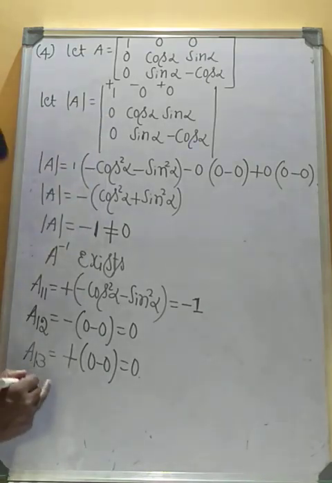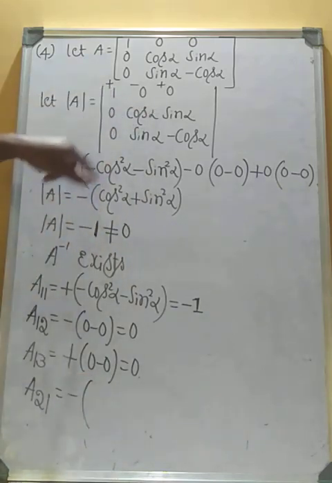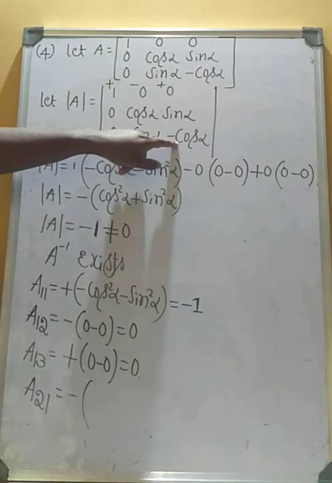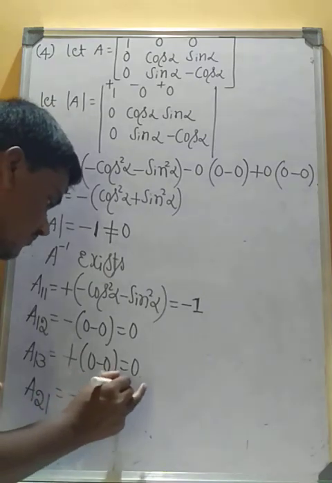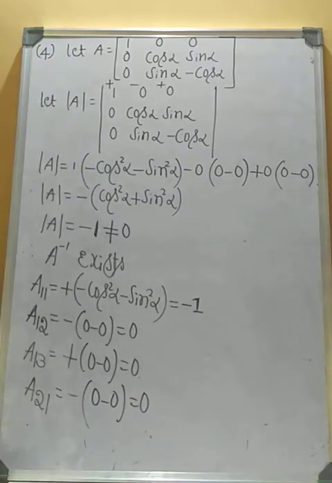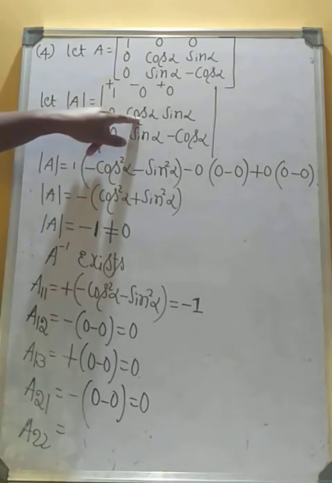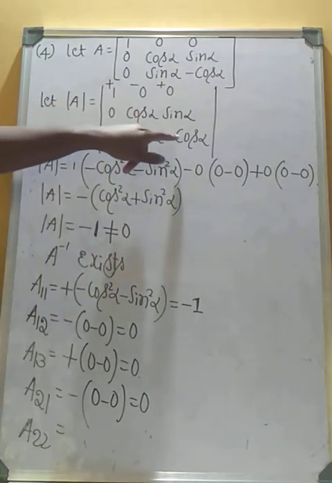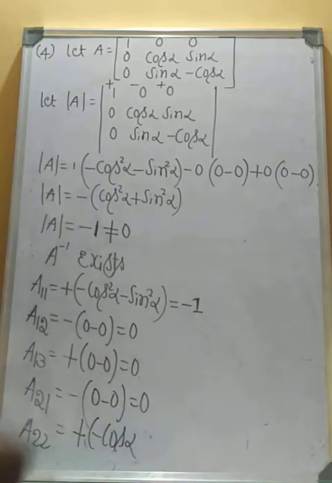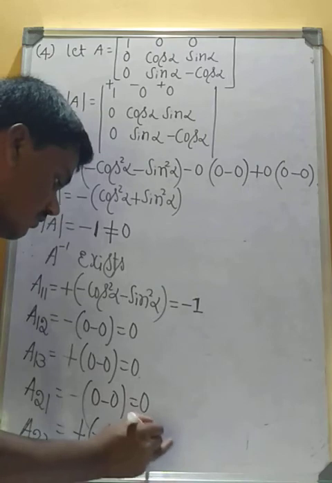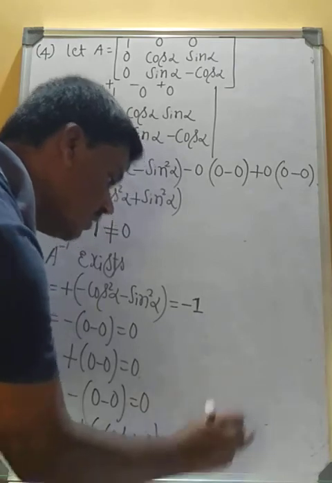Second row first element, that is A21. Take sign minus, second row first column: 0 into minus cos alpha 0, 0 into sin alpha 0, 0 minus 0 is equal to 0. The next cofactor of the element cos alpha, second row second column: 1 into minus cos alpha minus 0 is equal to plus into minus, minus cos alpha.